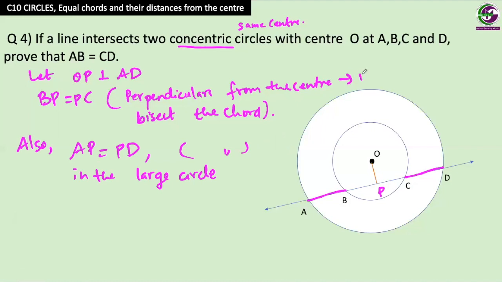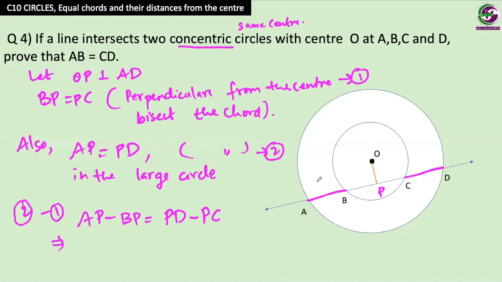Let's name this as equation 1 and this is equation 2. Equation 2 minus 1, which means AP minus BP is equal to PD minus PC. Now we have to take it from the figure.